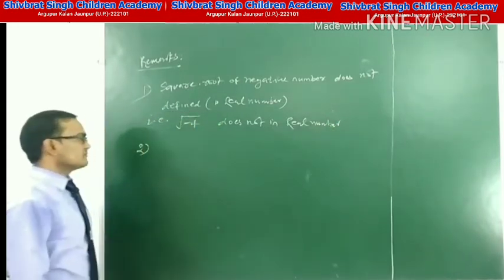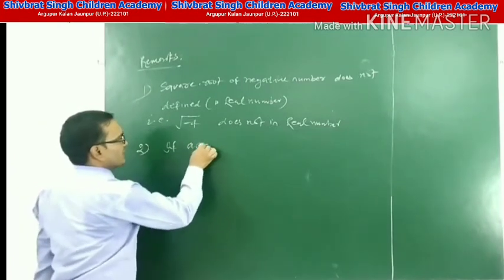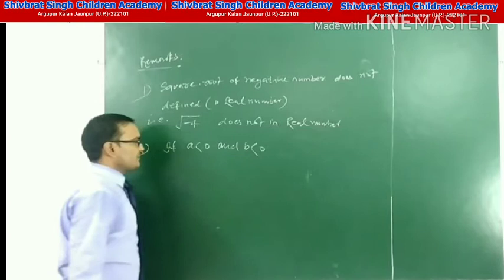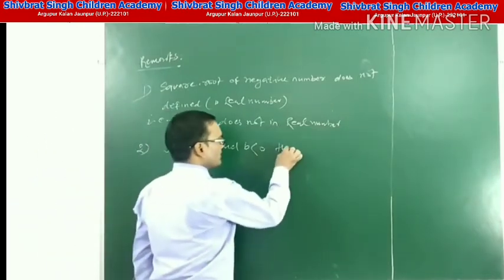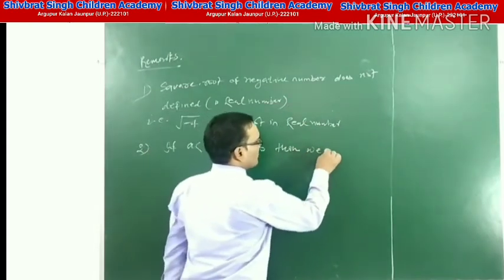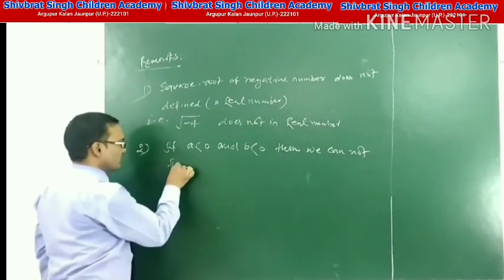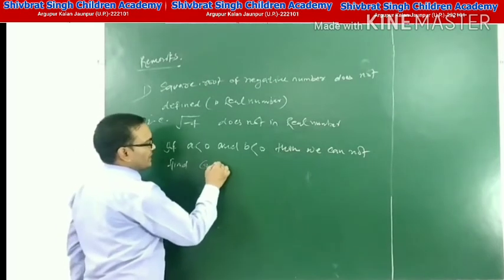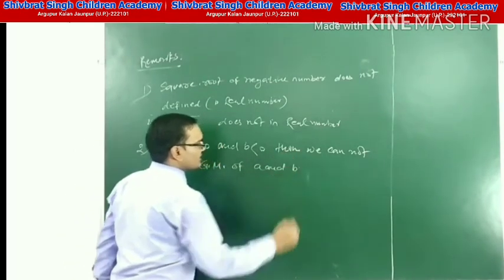Second, if a is less than 0 and b is less than 0, that means a and b both are negative, then we cannot find the geometric mean of a and b. Why?